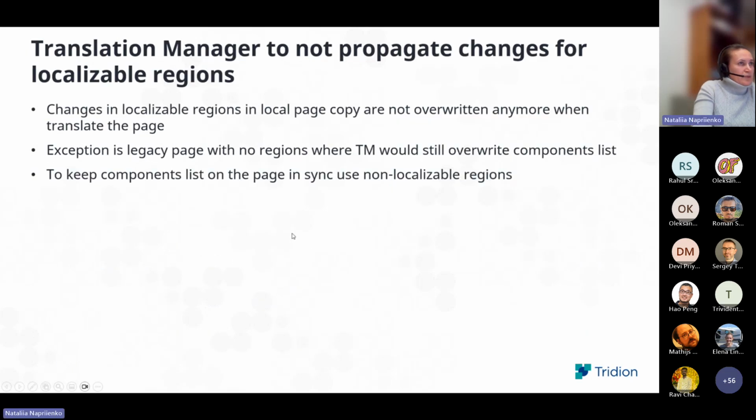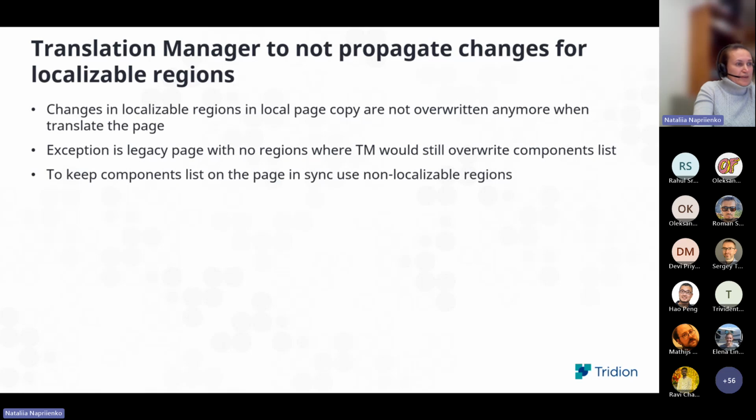Same for regions. Since we introduced non-localizable regions, we also updated Translation Manager to not propagate changes for localizable regions anymore. If you have a localizable region on the page, in a local copy you can change the list of components.